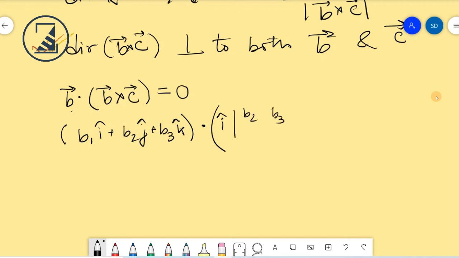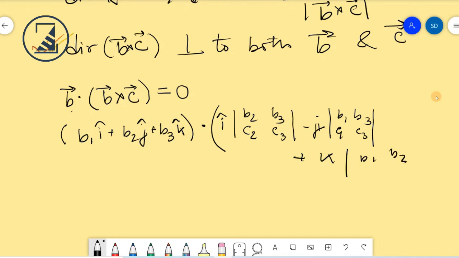B2 B3, C2 C3, minus J, B1 B3, C1 C3, plus K, B1 B2, C1 C2.